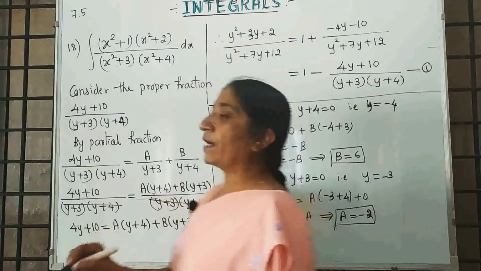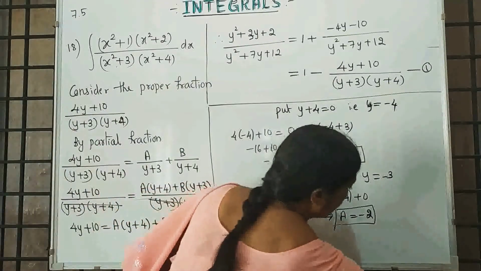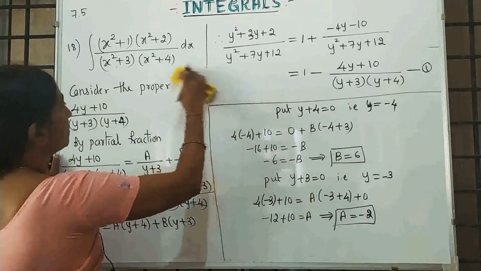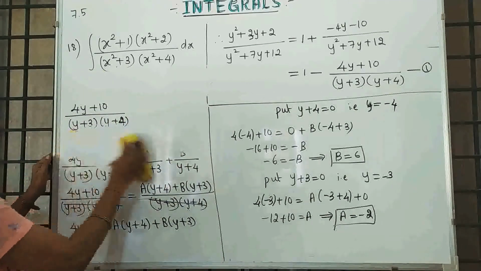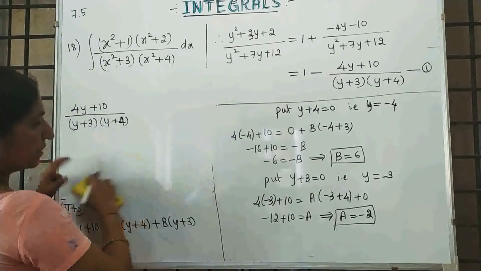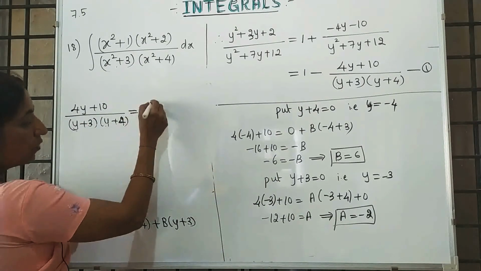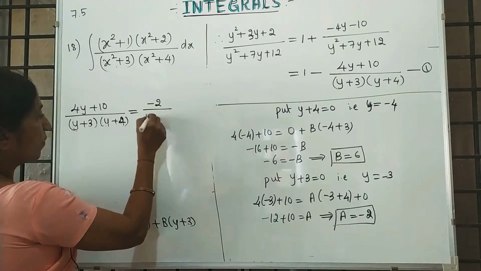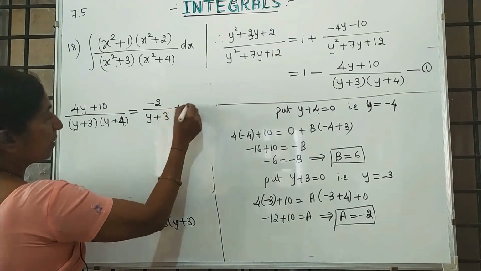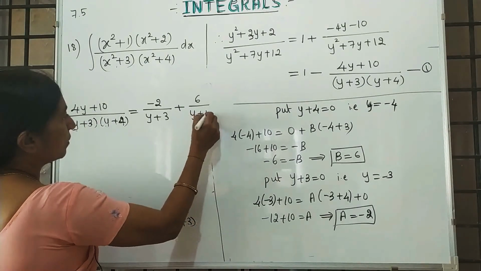Now write down these values. Therefore (4y + 10)/((y + 3)(y + 4)) is equal to −2/(y + 3) + 6/(y + 4).